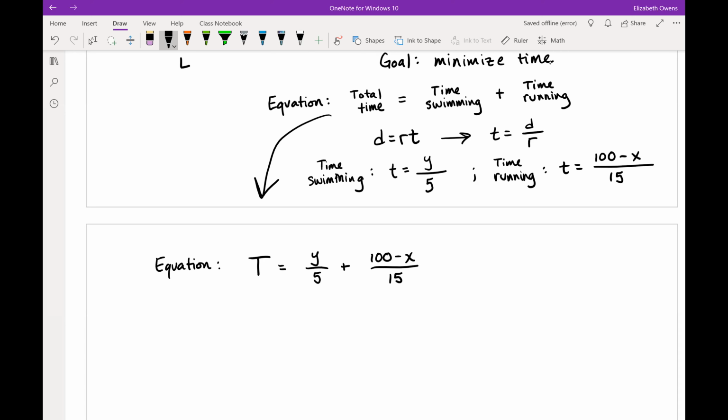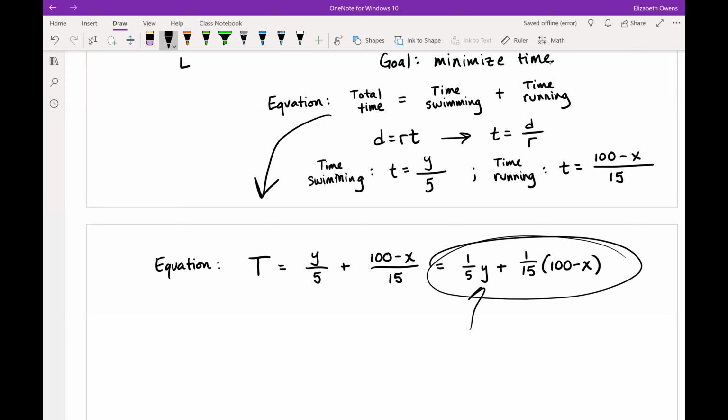Or if you don't like writing the fractions in that way, you could also say this is 1/5 y plus 1/15 times 100 minus x. Okay, that looks pretty good. So notice how, as usual, this right now is an equation of two different variables. We have y and we have x, and we're going to need to fix that.